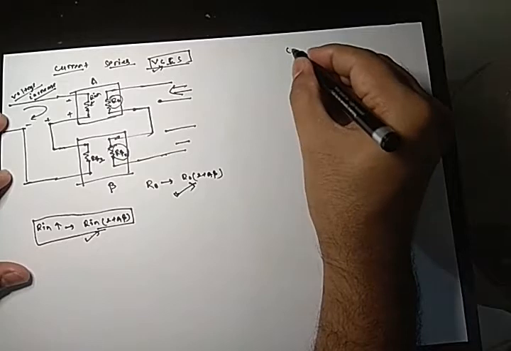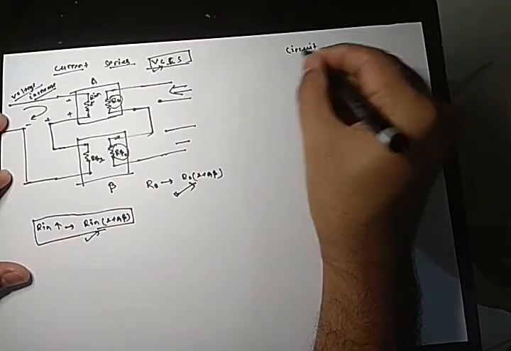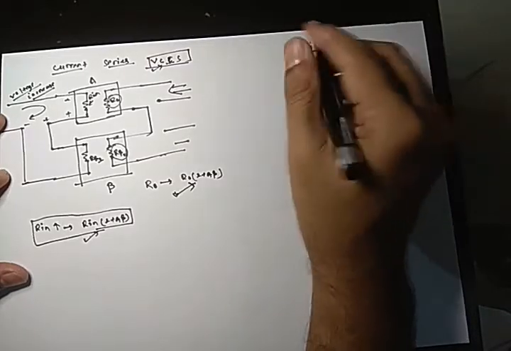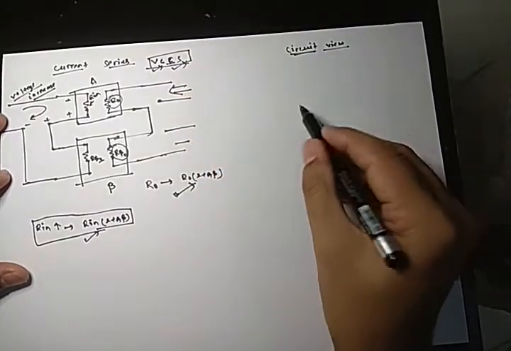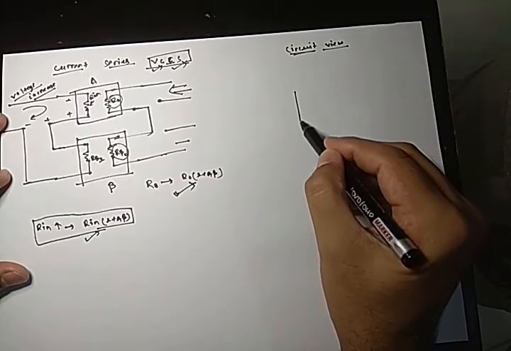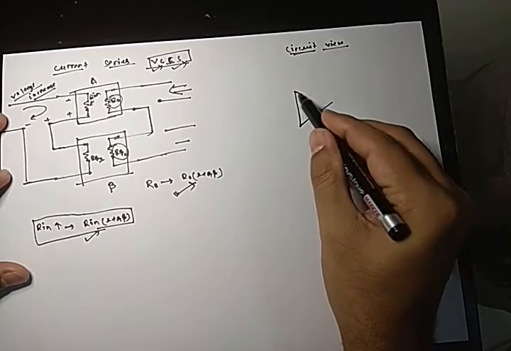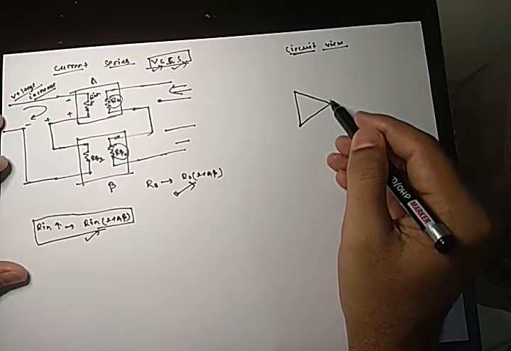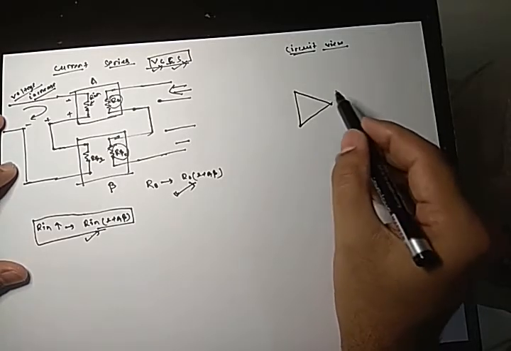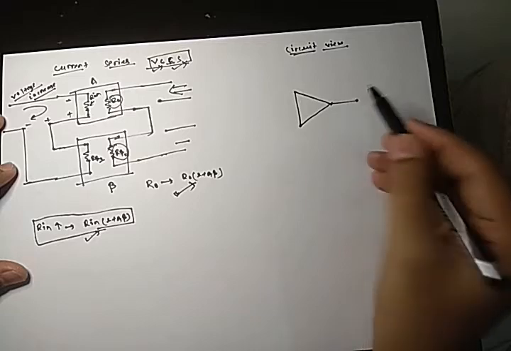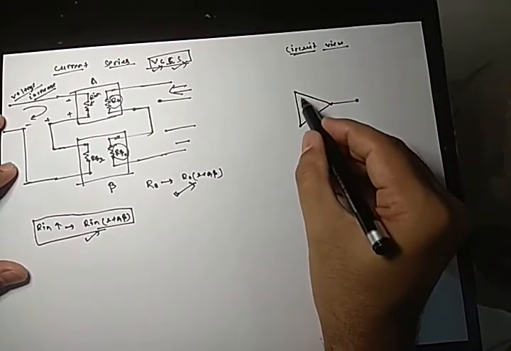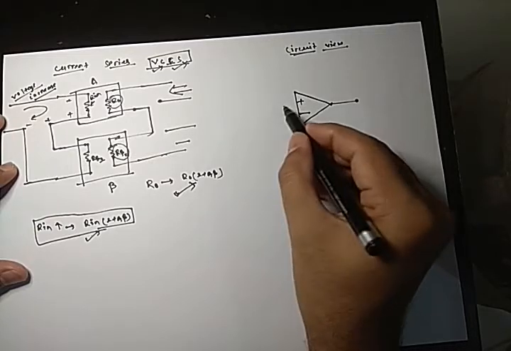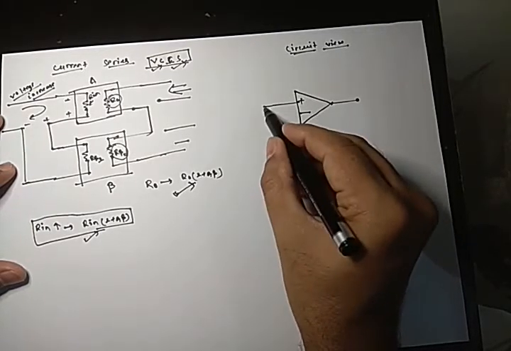Now if we look at the circuit point of view, this is acting as a current source, meaning the output must be a current source. So what we are going to do, and here it is voltage.